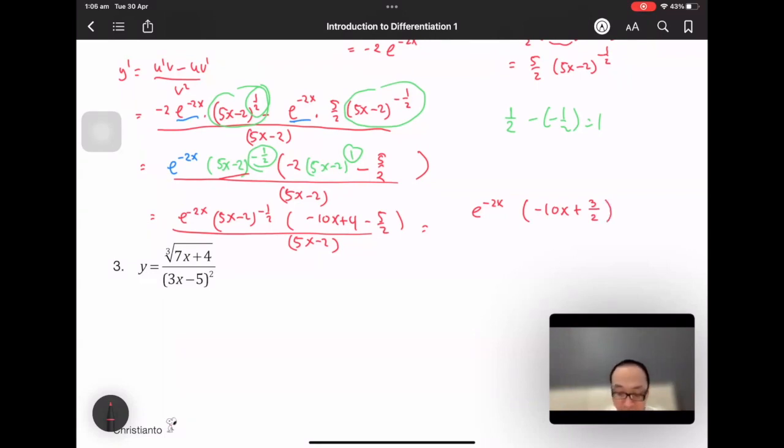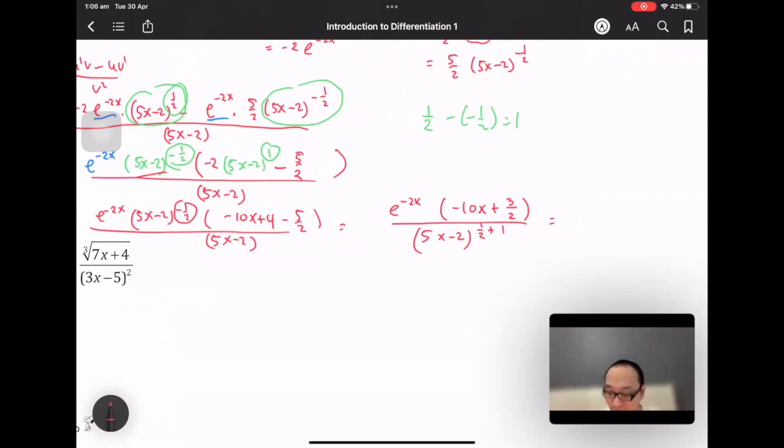And then the power negative half is in the denominator, so I can rewrite as (5x minus 2) to the power of 1 over 2 plus 1. Yeah, I can combine the 5x minus 2. So it becomes e to the minus 2x times (minus 10x plus 3 over 2) over (5x minus 2) to the power of 3 over 2. That's it.